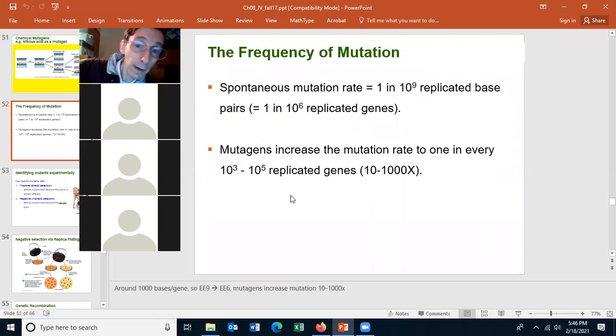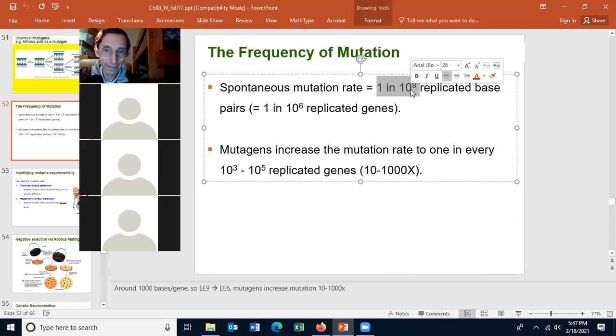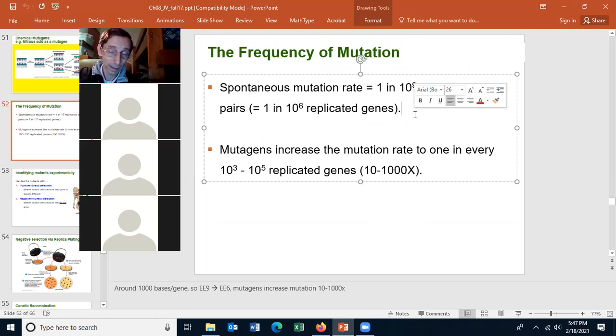So when we're talking about mutation, there is a rate that spontaneous mutations occur at. And I don't know if this is in humans or E. coli, because they say one rate here, and it could be that it's very similar between most organisms, and bacteria and humans might have the same spontaneous mutation rate.